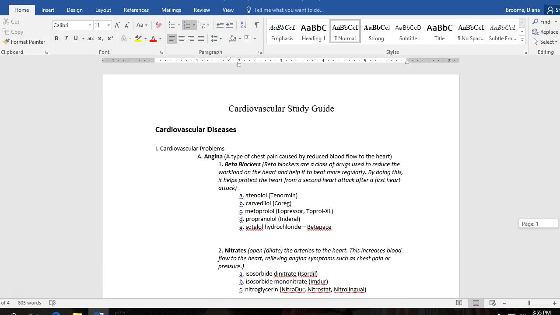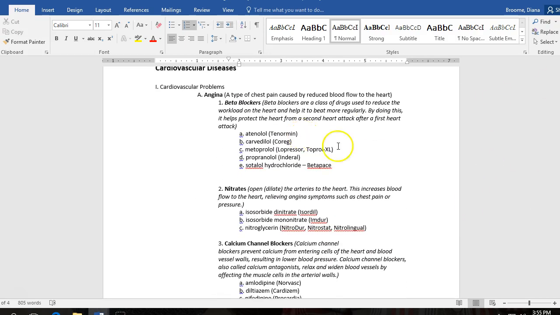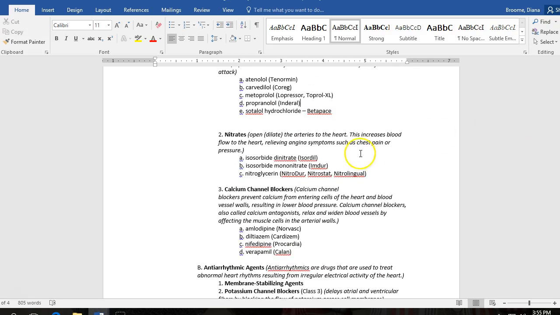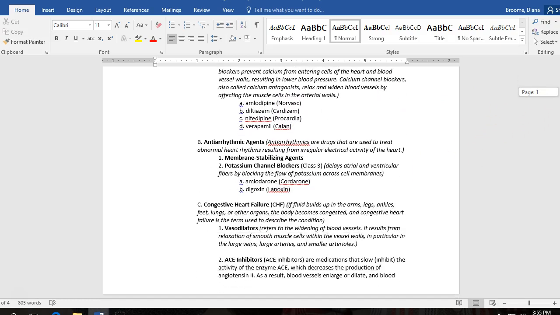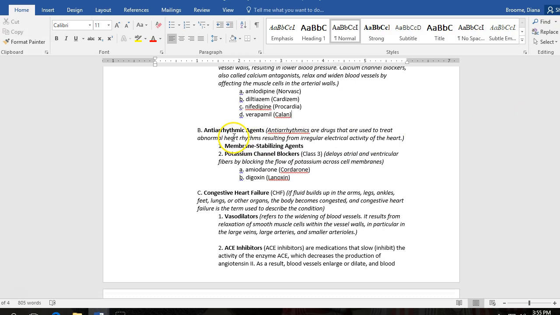So to do a quick recap, for these following drugs, you want to make sure that you know that these are beta blockers. For the next set, that these are nitrates, that these are calcium channel blockers right here, that these particular drugs are antiarrhythmic.